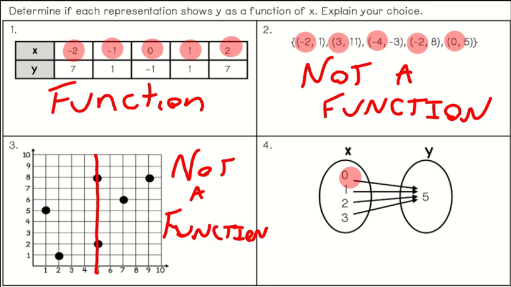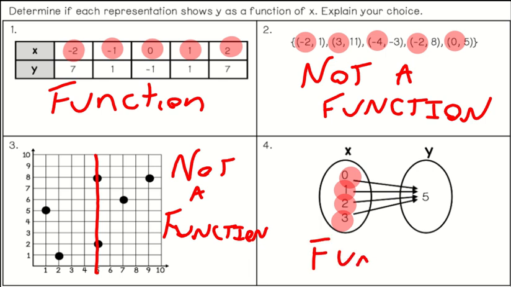Because there's only one line coming from it. So if I push 1, what do I get? 5. If I push 2, what do I get? If I push 3, what do I get? So does this work? Yeah. Did my x's repeat? Did I push any button twice? No. So that means this one is a function.